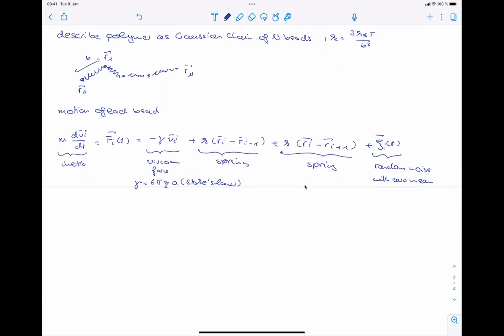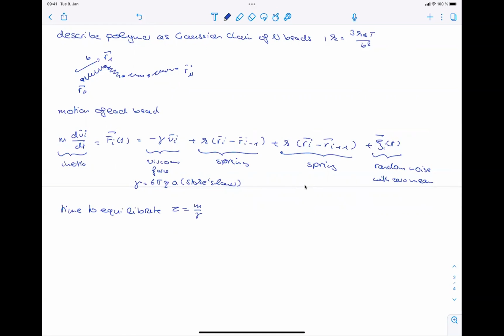Now, this is the full equation which is driving the dynamics. We can already read off the time scale over which the dynamics of an individual bead will equilibrate. The time scale is given by m over gamma. This is the scale tau, m over gamma, with units of seconds.